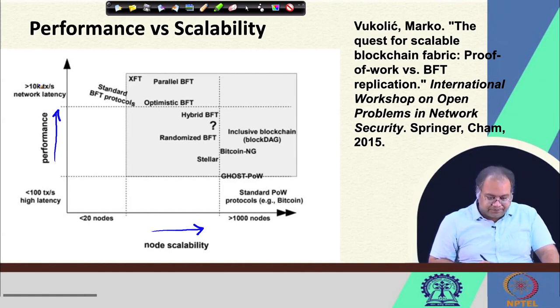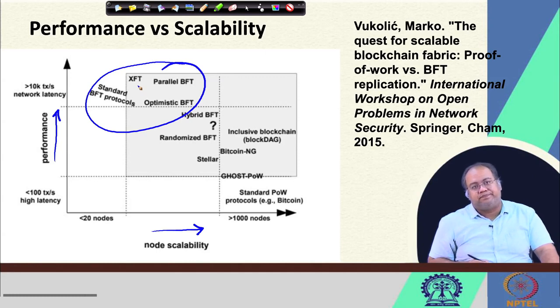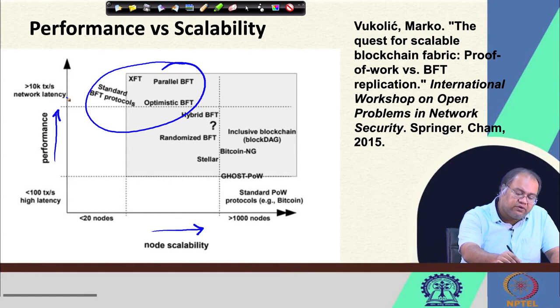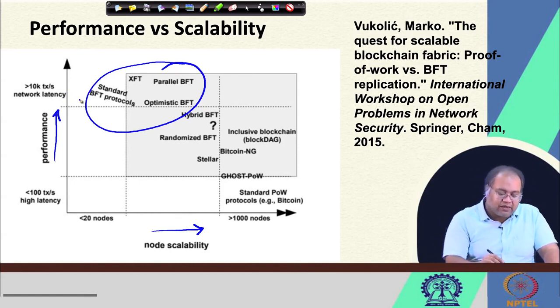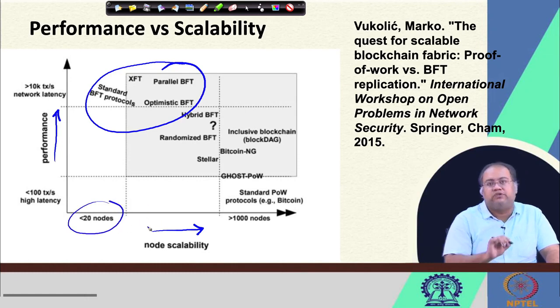Now, if you look at the BFT protocols, they reside here. These BFT protocols provide very good transaction throughput in terms of performance, but their scalability is much less. Typically they work with fewer than 20 nodes, or sometimes between 20 and 30 nodes.